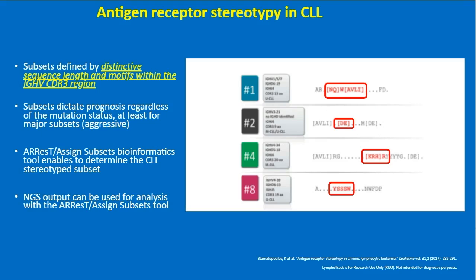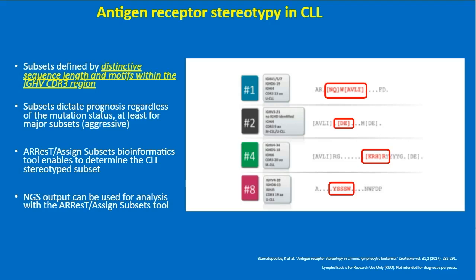There are ways you can use the sequences to determine these subtypes and stereotype this population, especially with the wide use of next generation sequencing, making it much more streamlined. As shown here, there are 4 different subtypes: subset 1, 2, 4, and 8.